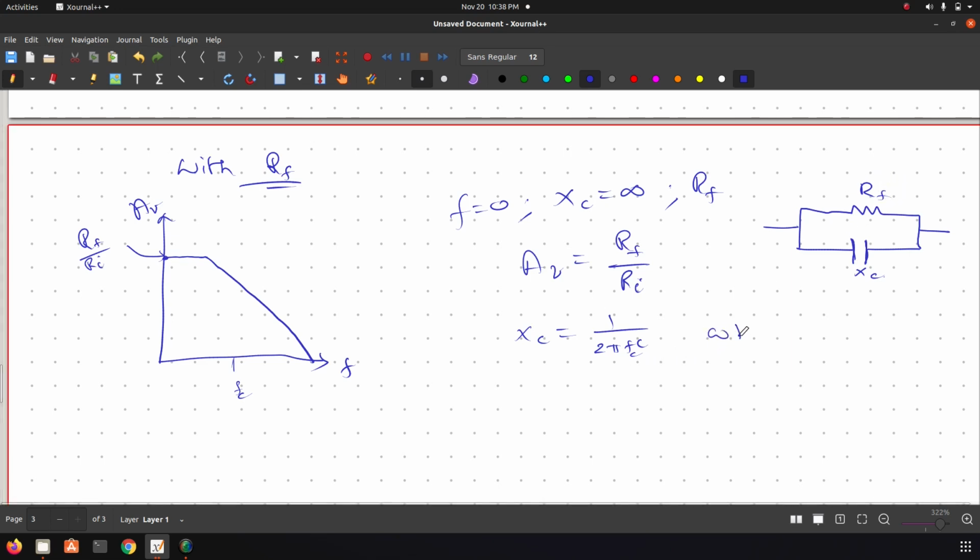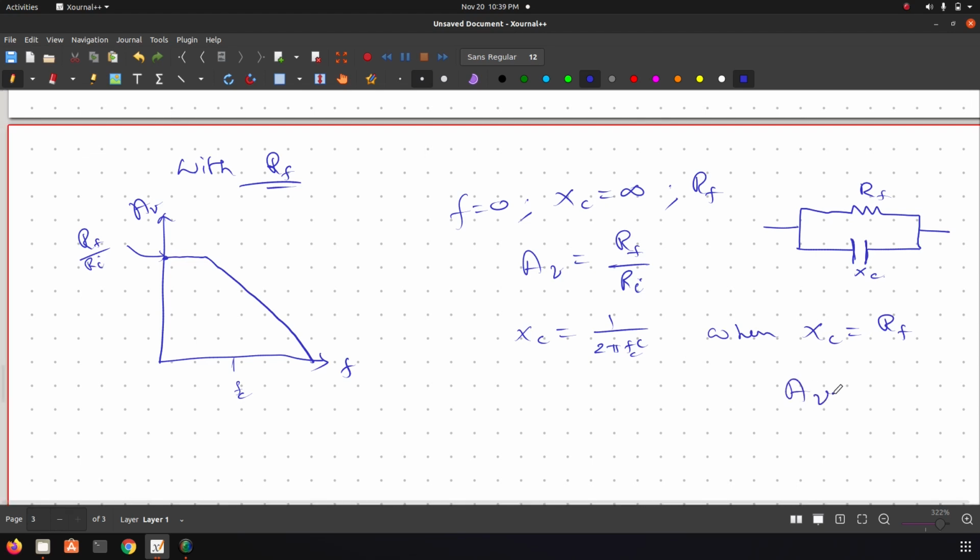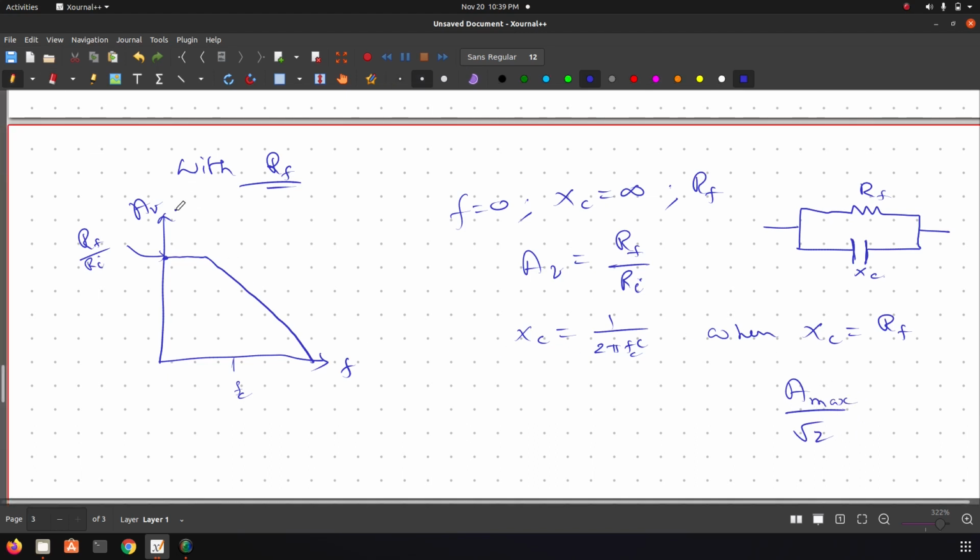When XC equals RF, then the gain of the op amp is AV by root 2, the maximum gain divided by root 2. So this is the maximum gain.